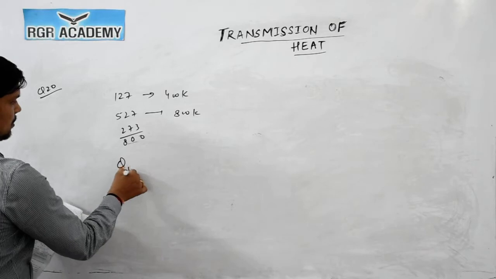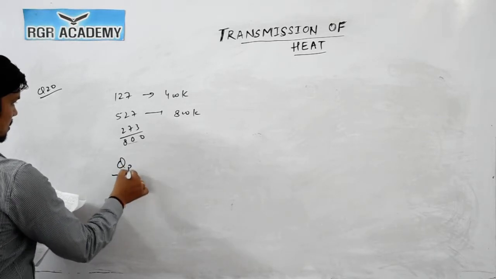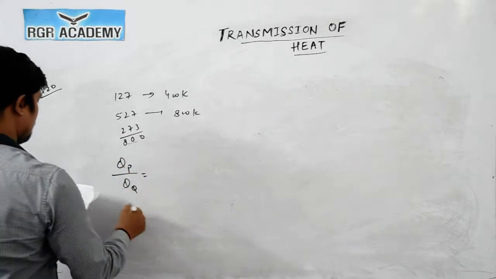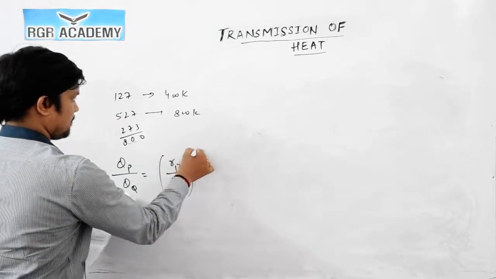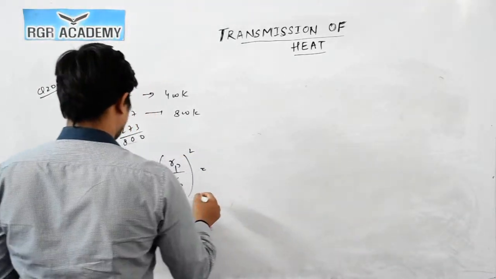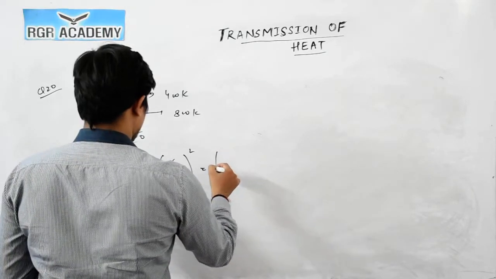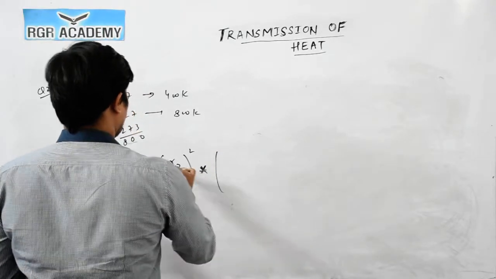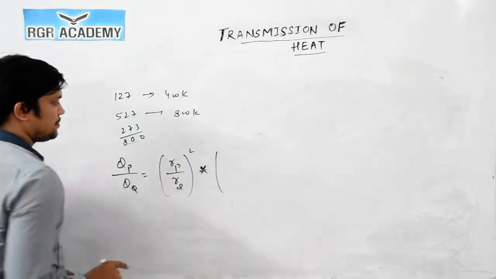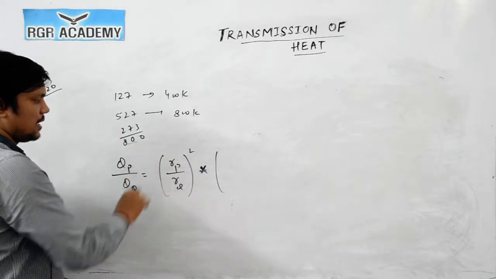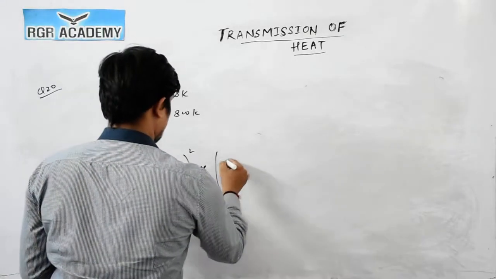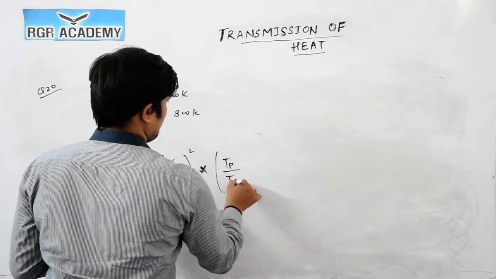So we can say that Q of P by Q will be equal to area into temperature to the power 4. Area is proportional to the radius square, so we write radius of P by radius of Q square, and temperature Tp by Tq to the power 4.